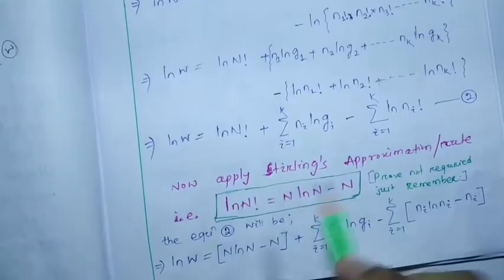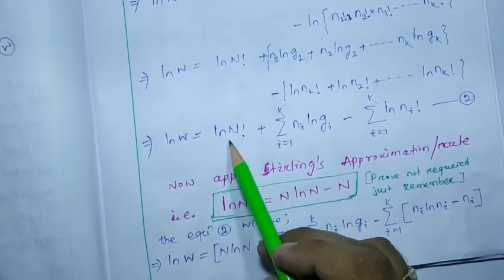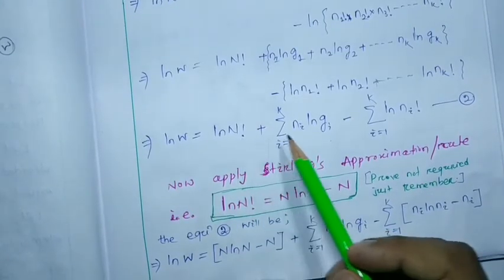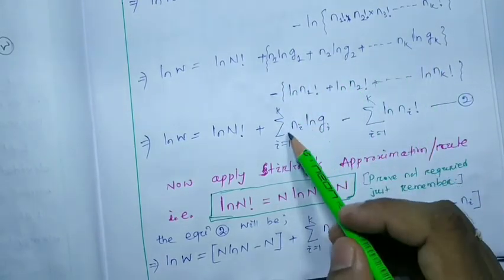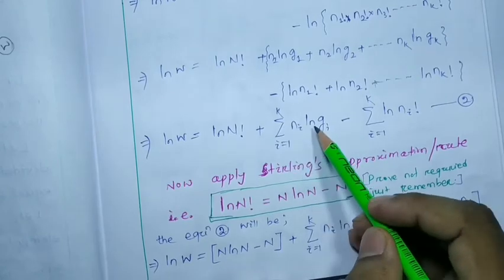So ln W equals ln n factorial plus, in general form, the summation over i equal to 1 to k of ni ln gi.